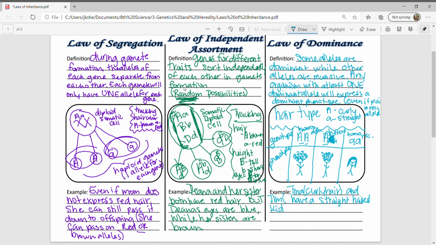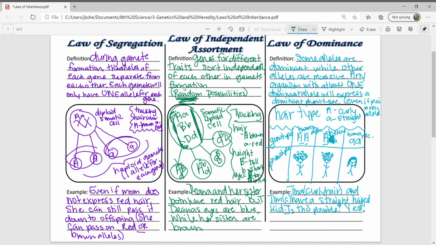We also know that Tim is also curly. And we want to know, is this possible for two people with curly hair to have a child with straight hair? And we know that the answer to that is yes.